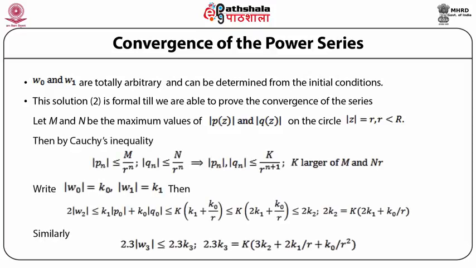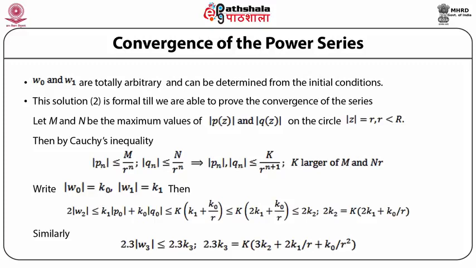Then by Cauchy's inequality, we can write modulus of p_n is less than or equal to capital M divided by small r raised to power n. Similarly, modulus of q_n will be less than or equal to capital N divided by small r raised to power n.